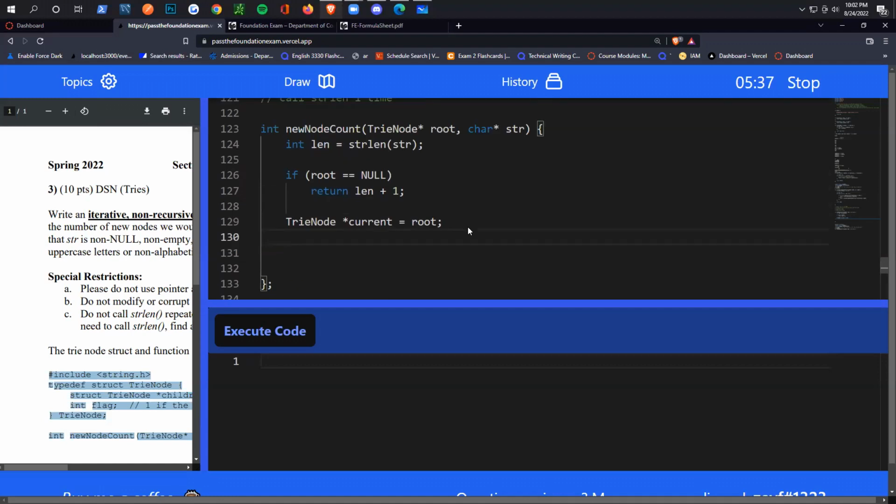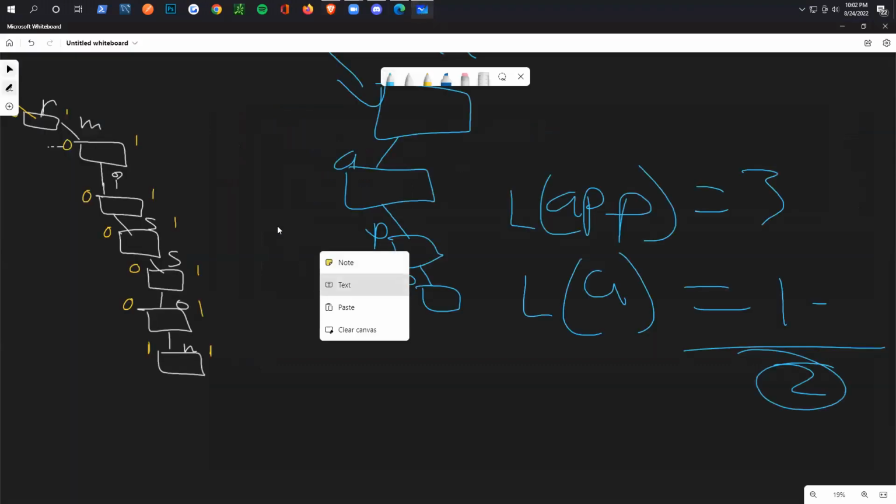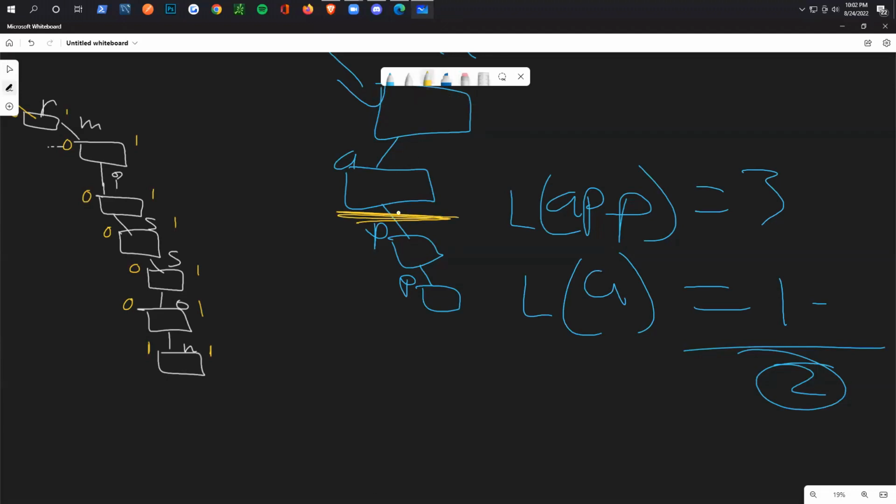Another thing we're also going to need is an index, because we're going to want to see, okay, what if we get down to a certain point and then we can just stop? Like, we know that we can't keep going past this point, because something's going to be null. So let's say when we had just A, we could just stop right here because we did not have any of this.